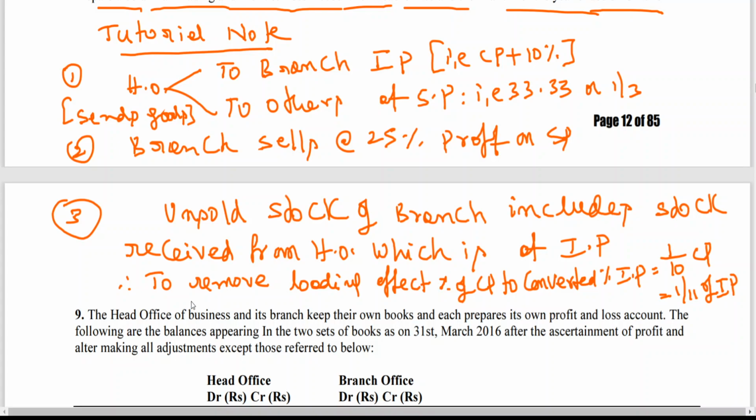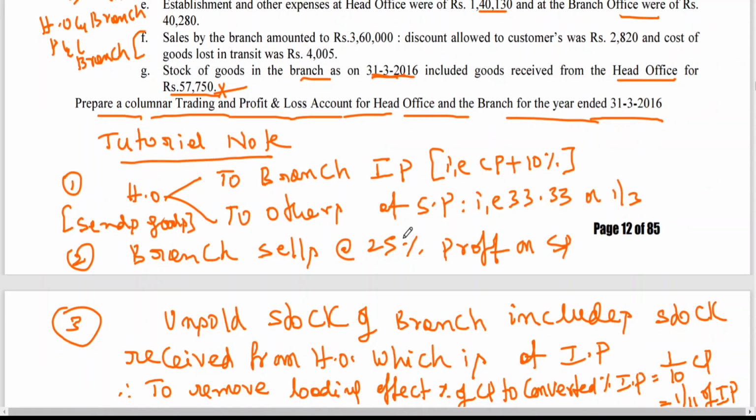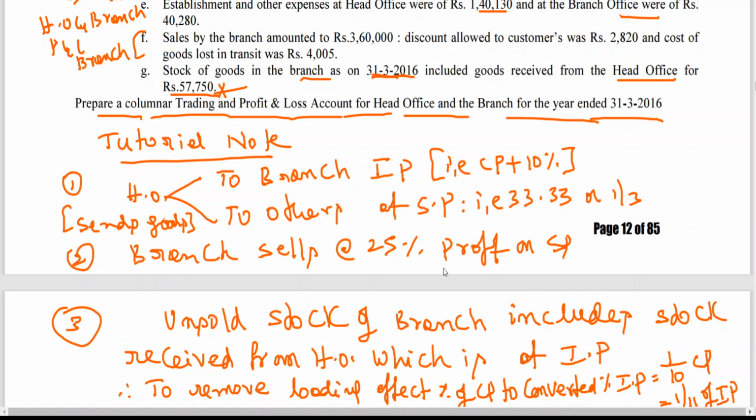Clear? So to remove loading effect, percentage of CP to be converted to percentage of IP, because whenever goods are received from head office, it is at invoice price. And also here head office sent to branch at IP, CP plus 10%. If you want to convert the percentage even for sales to find out gross profit, we can say 1/10 of CP is equal to 1/11 of IP.